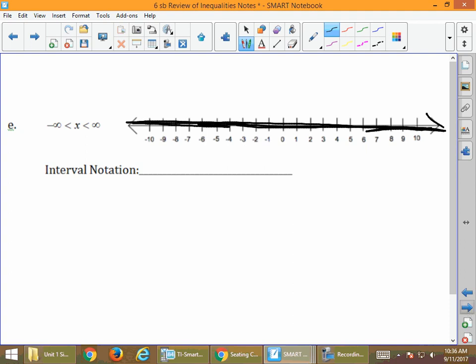The graph's not very straight there, but it ends up to be the entire number line. And when we write our interval notation, it's negative infinity to positive infinity with parentheses. Infinity always has parentheses.